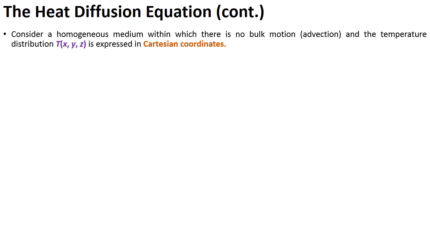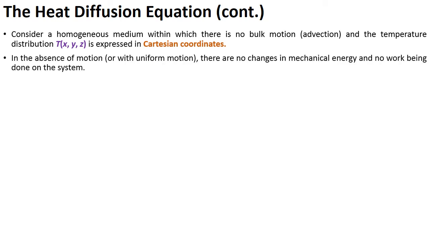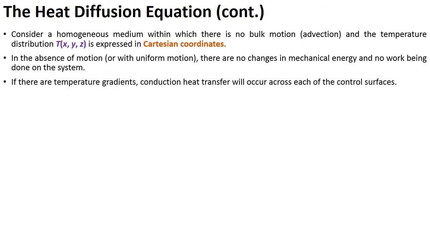Consider a homogeneous material. As I have discussed, there is no bulk fluid motion; only conduction occurs when a temperature difference exists, and in the absence of any type of motion there are no changes in mechanical energy and no work being done on the system.